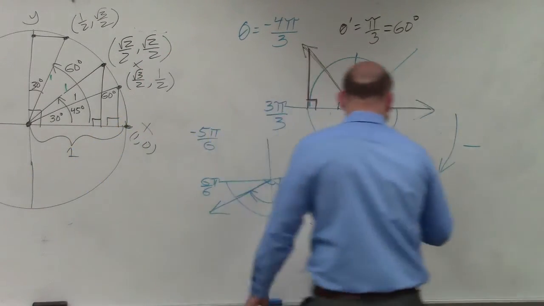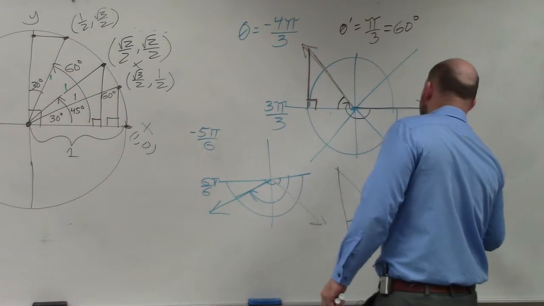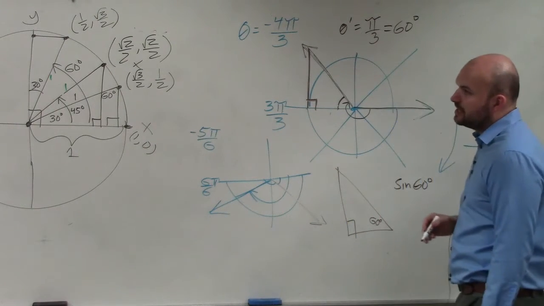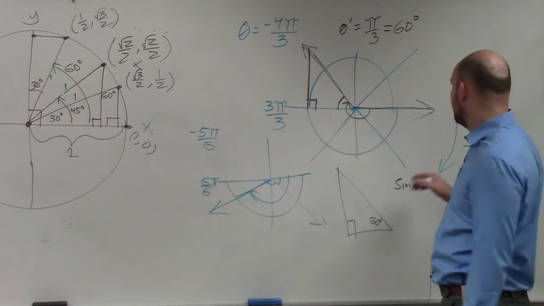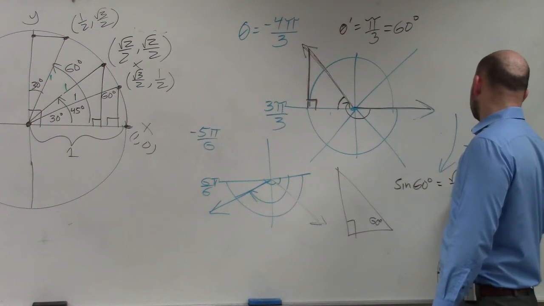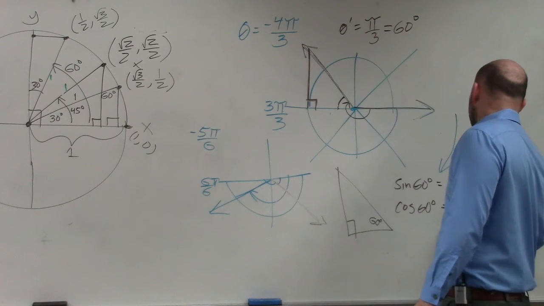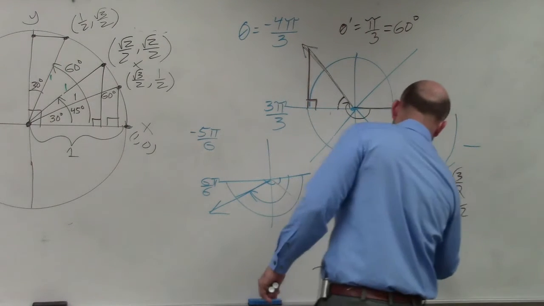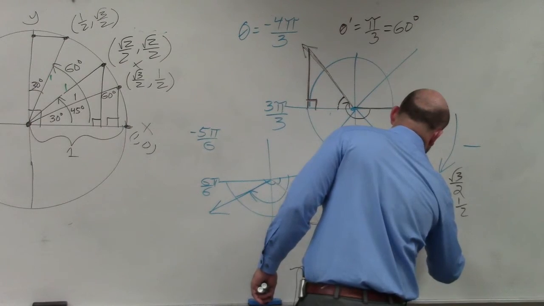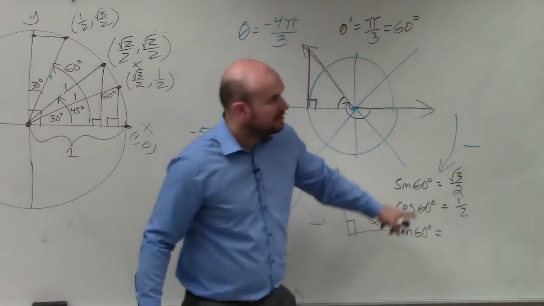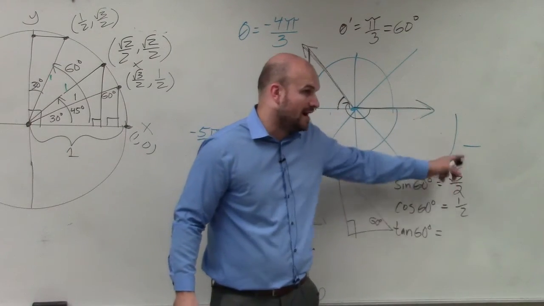So the sine of 60 degrees is going to be square root of 3/2. The cosine of 60 degrees is equal to 1/2. The tangent of 60 degrees is equal to the sine over the cosine, y over the x.